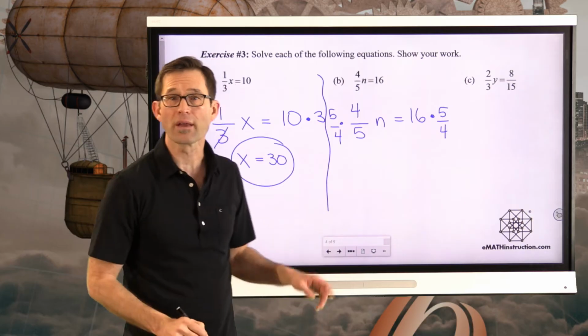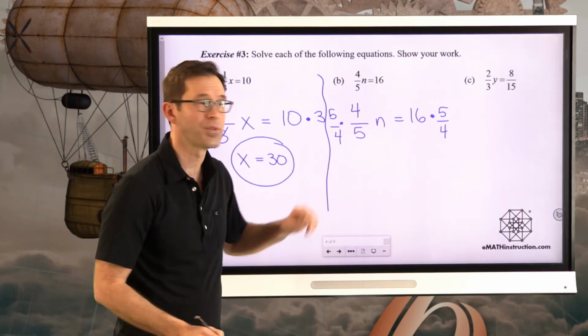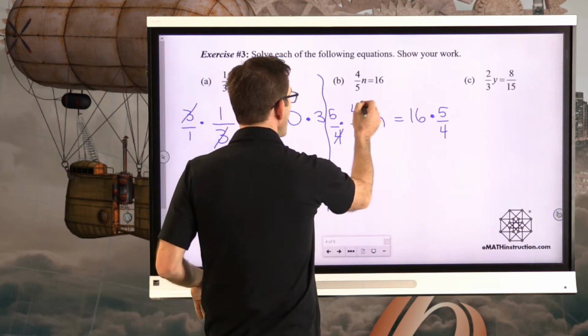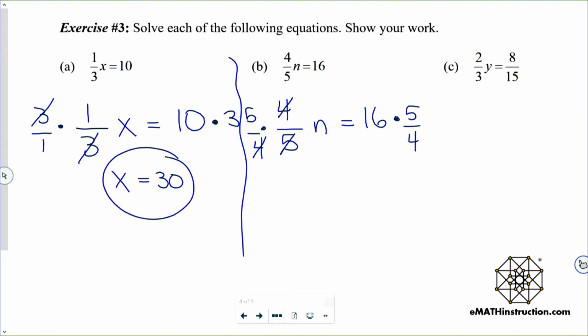Okay, and it works great, because if I multiply this side by 5/4, then 4 down here will cancel 4 up here, 5 down here will cancel 5 up here, and we'll just be left with n. Here, of course, I can do this by canceling a 4 into a 16 and getting 4, and then 4 times 5 leaves me with my solution, which is 20.